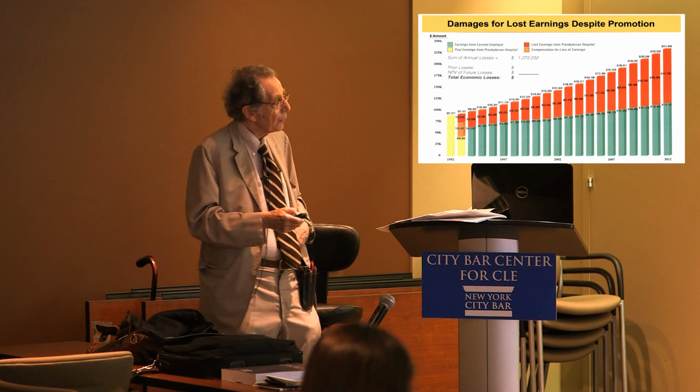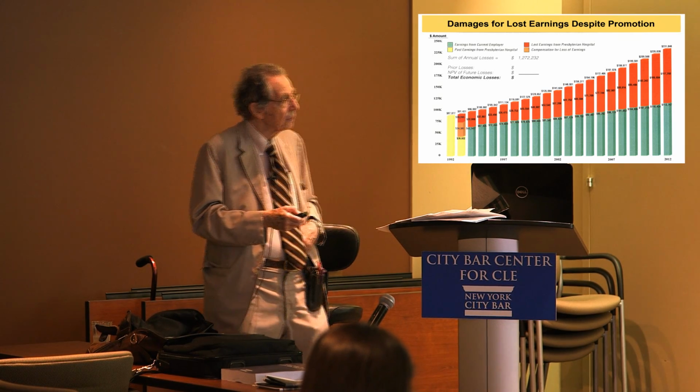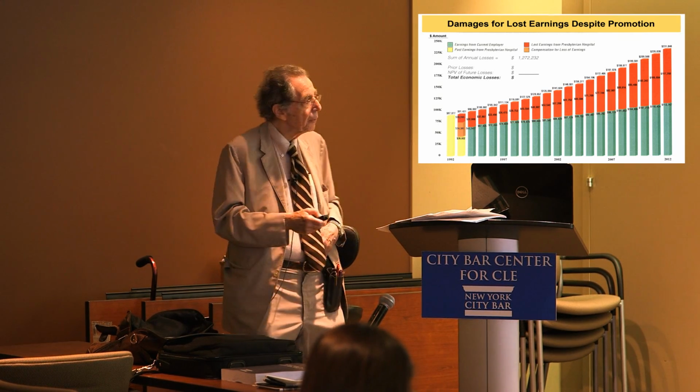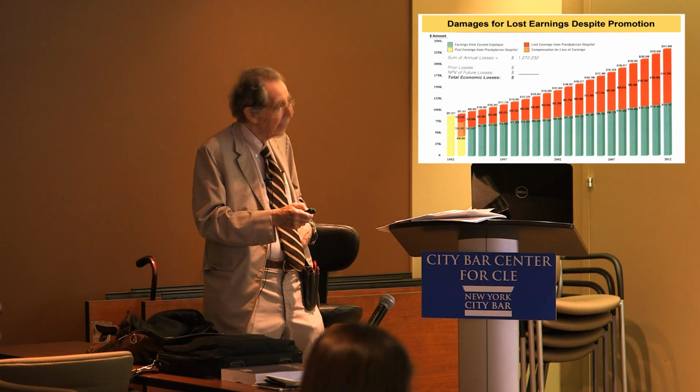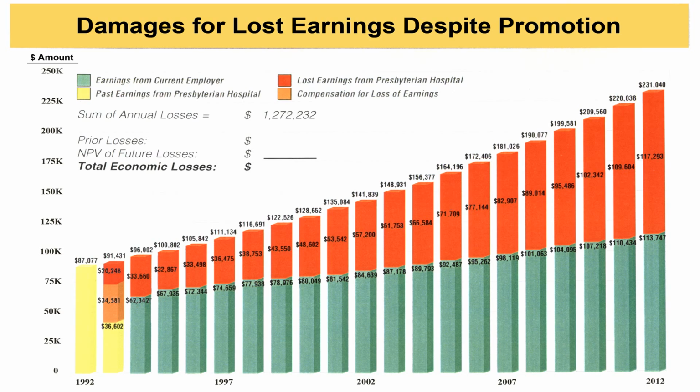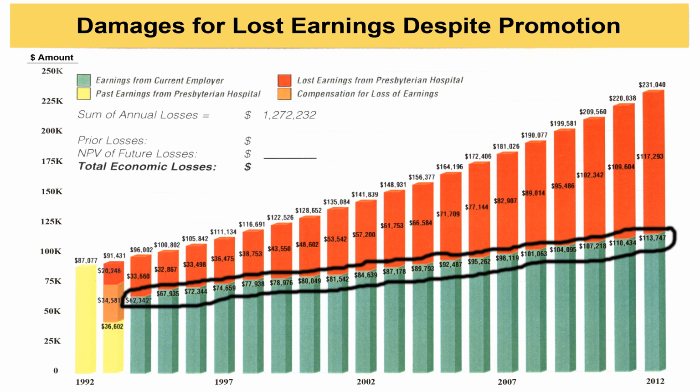Now, we had an economist who testified at the trial, and this chart really reflects the figures in the report of the economist. And according to his analysis, this is the amount of money she would continue to earn from the new job that she had obtained. After several months, she did obtain a new job.